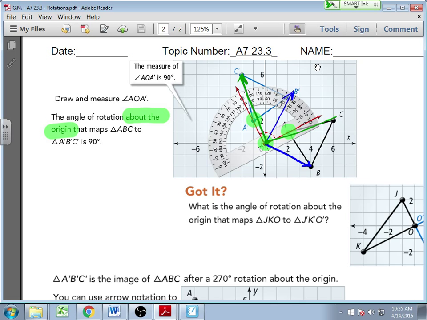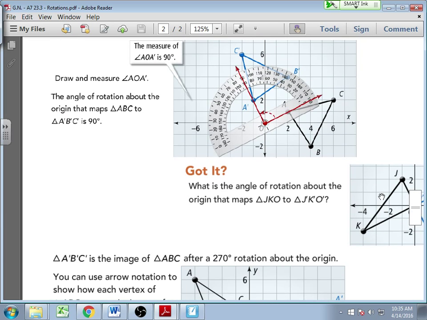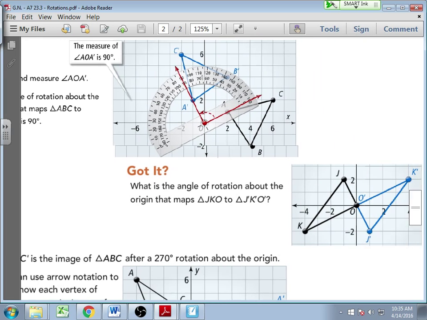Does that look like a 90-degree? Yeah, if I physically had a protractor, I could be turning it to check all these. But this is a 90-degree rotation because from my original point to my prime point with the center of my protractor at the origin, they all come out to be 90 degrees. And notice again, that's positive rotation. It's going counterclockwise.